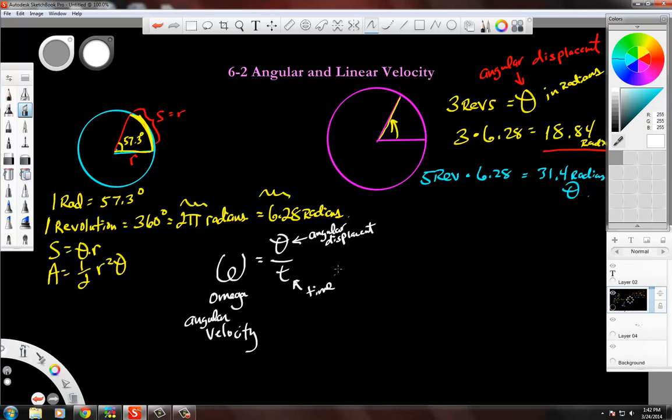Okay, the angular displacement. Now, angular velocity is how fast this side right here is moving.